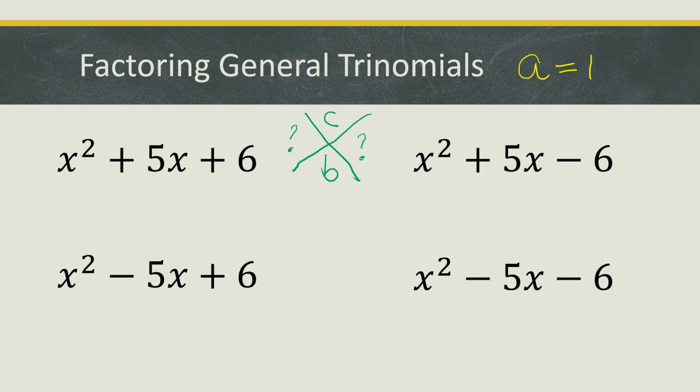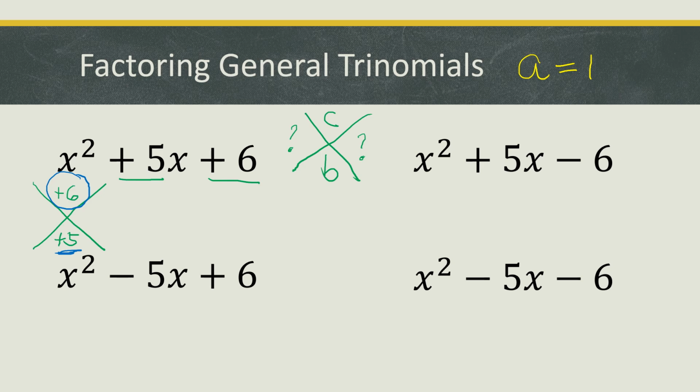Okay, so let's start with the first example. Let us have our cross. Your C value is positive 6 and your B value is positive 5. So in this case, we will find the factors of 6 that when we add, we will obtain 5.